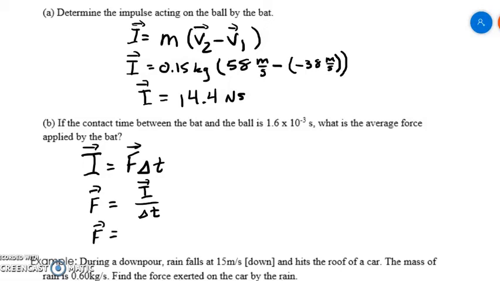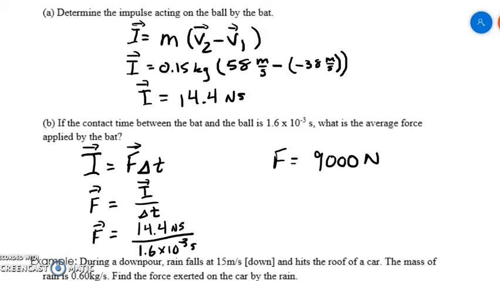So that average force is going to be 14.4 Newton seconds divided by 1.6 times 10 to the negative 3 seconds. So the average force being applied to this ball is going to be 9,000 newtons.